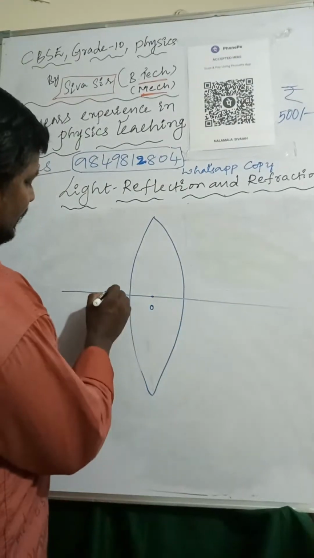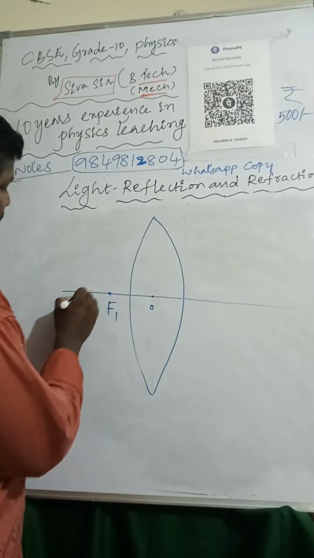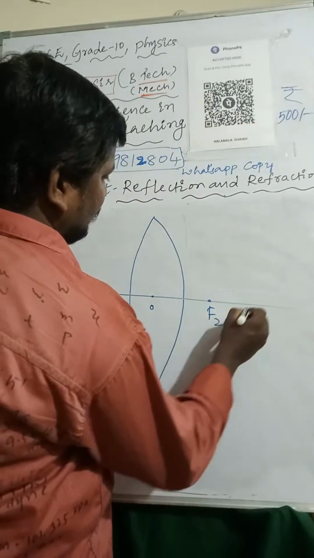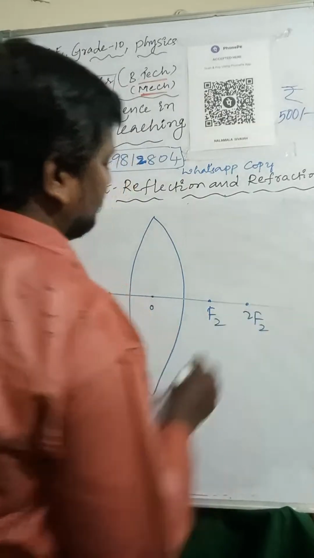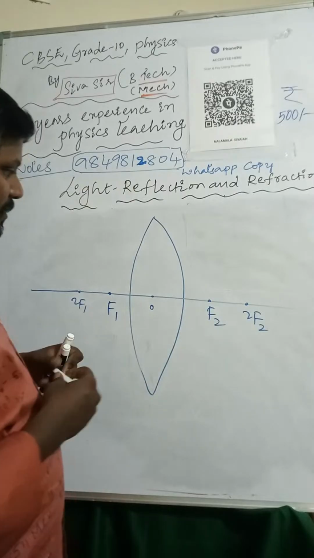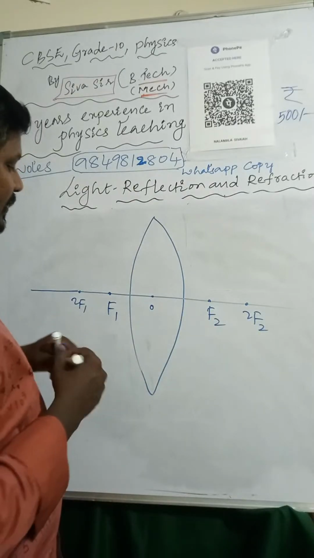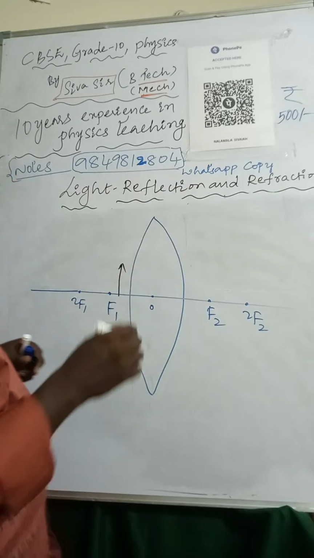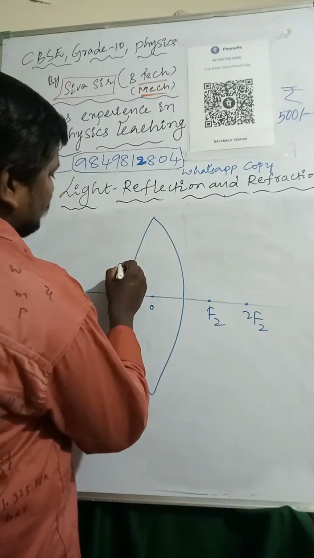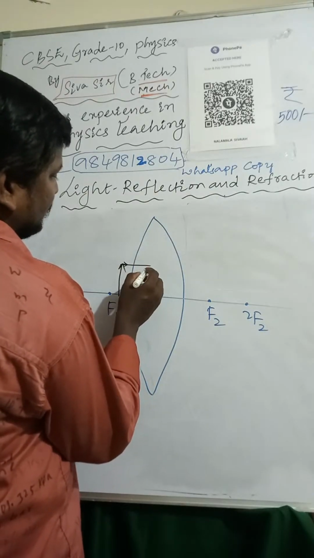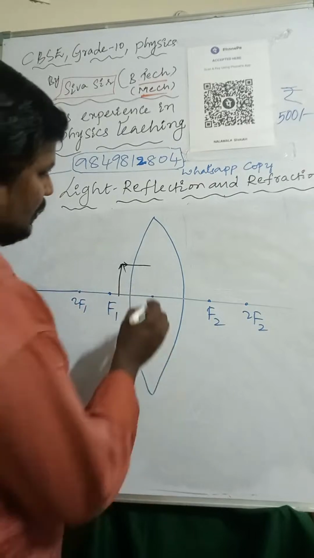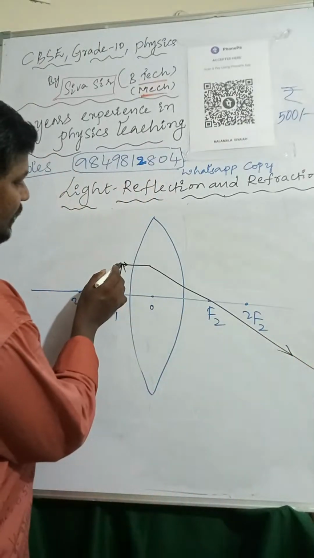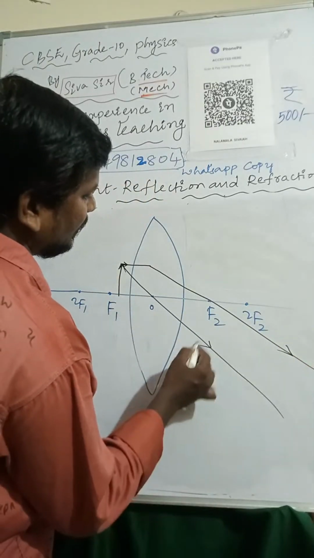Optic center, f1 to f1, f2 to f2. So like this, you have to place it here. One light ray I am taking like this, it passes through focus. Another light ray I am taking like this, passes through optic center.